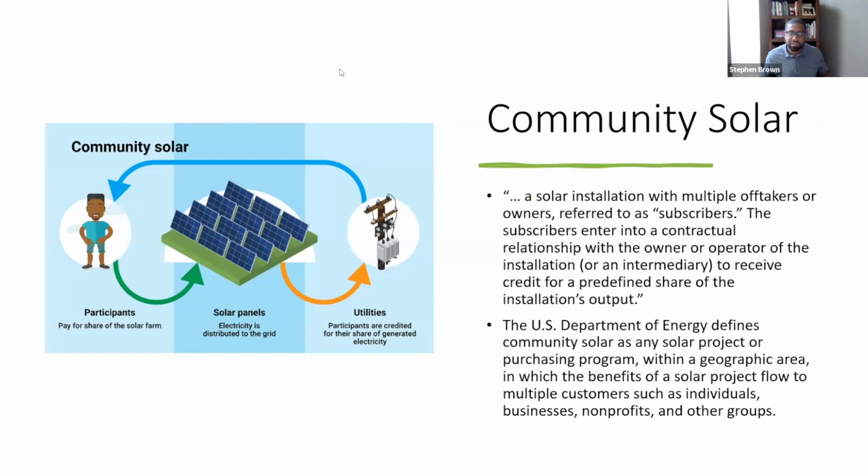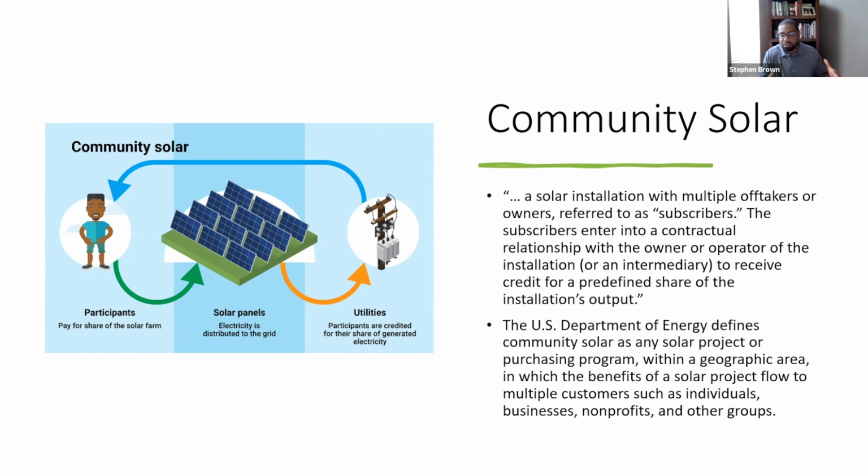I could read the definitions, but I think this picture probably tells a story just as well. There are several ways that community solar is defined, right? I define it personally as projects that are smaller than about 10 megawatts or so, maybe anything less than 100, right? 100 megawatts is utility scale solar and above. Anything less than 100 technically is not utility scale, so it could be termed community.